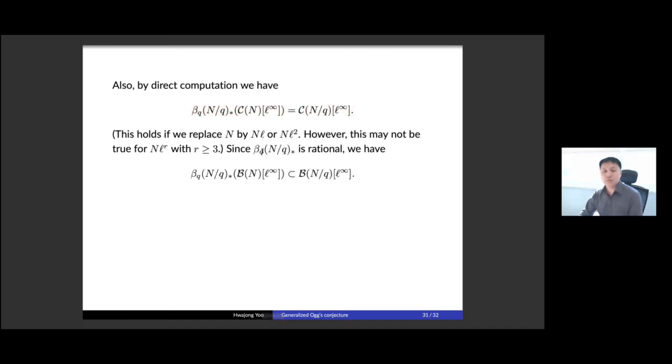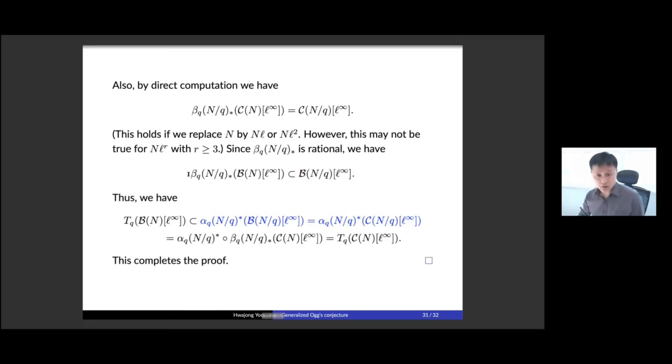And since this push forward map is rational, the rational torsion points of L power order, the image of this map, also belong to the L rational torsion subgroup of L power order. So this is easy.